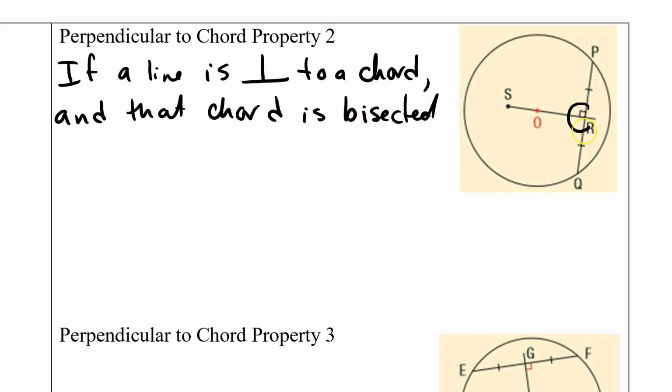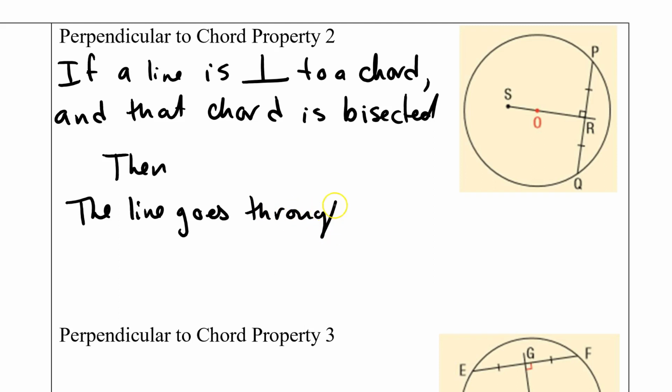So we have the perpendicular, we have that chord being bisected. So that implies that the line goes through the center of the circle.